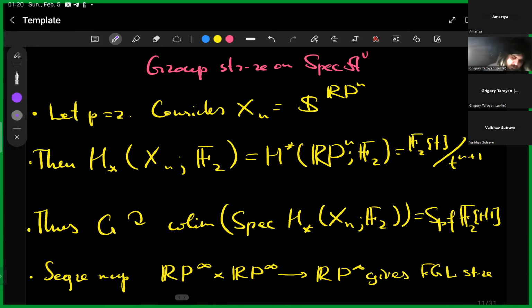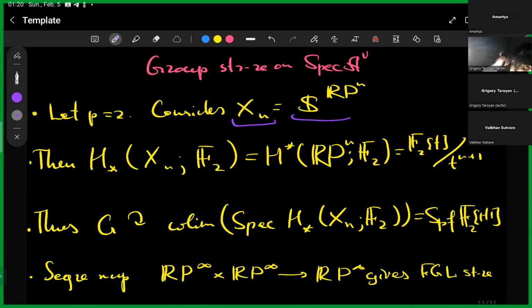Okay, so now let's consider a particular case of prime 2, and we can consider X_n, which is the internal Hom in the category of spectra between the suspension spectrum of RP^n and the sphere spectrum.